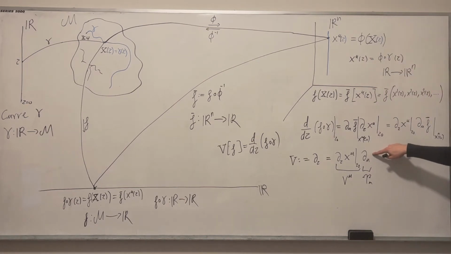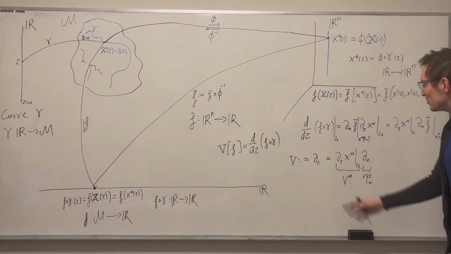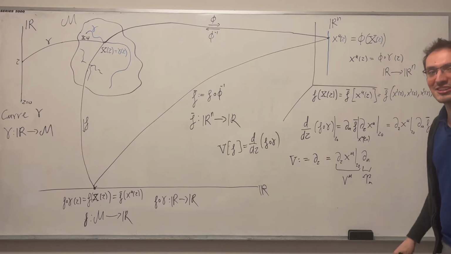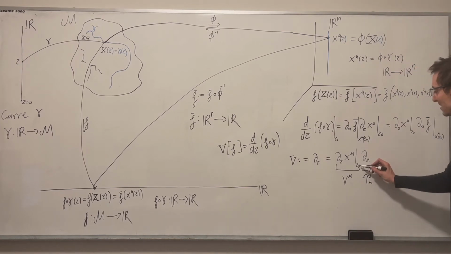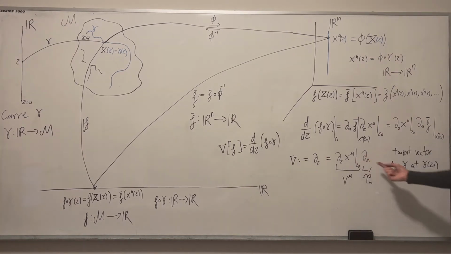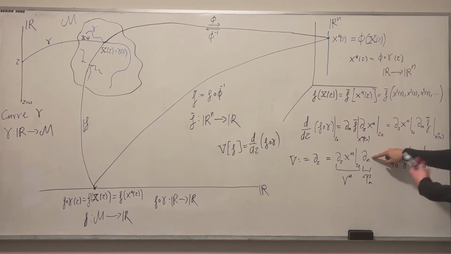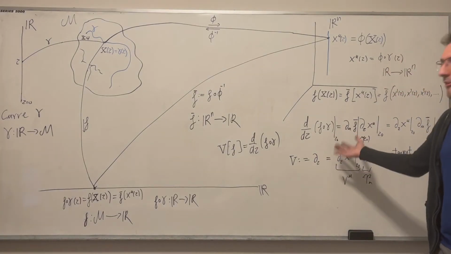So the tangent vectors to the coordinate curves are exactly the elements of the basis of vectors that we can use to build any vector that is tangent to the curve gamma at the point gamma of tau 0. So this definition is the tangent vector to the curve gamma at the point gamma of tau 0. Now this is super interesting. Partial derivatives in some direction, be it the coordinate curves or an arbitrary direction.